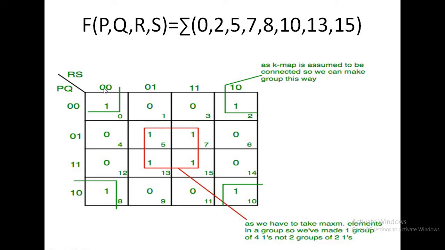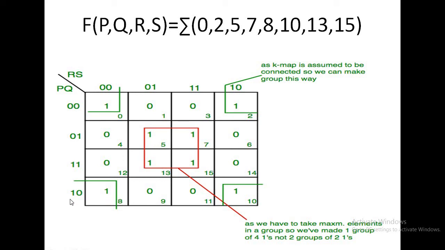In the same way, 0 0, 0 1, 1 0, 1 1. So this is 0, 1, 2, 3, 4, 5, 6, 7. This is 12. How 12? Now 1 1 0 0, decimal is 12. 1 1 0 1, decimal is 13. 1 1 1 1, decimal is 15. 1 1 1 0, decimal is 14.